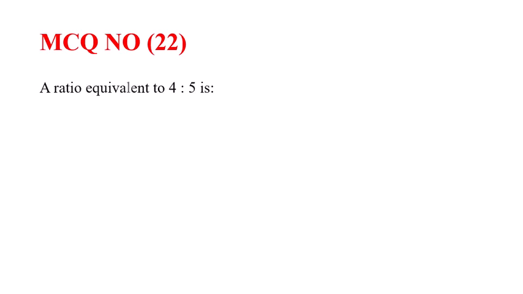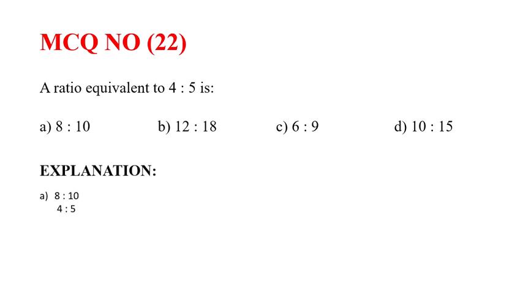MCQ number 22. A ratio equivalent to 4:5 is: option A is 8:4, option B is 12:18, option C is 6:9, and option D is 10:15. Explanation: we explain option A. Option A is 8:10. Divide by 2, we get 4:5. Option B is 12:18. Divide by 6, we get 2:3.